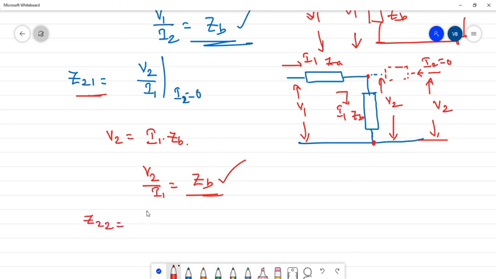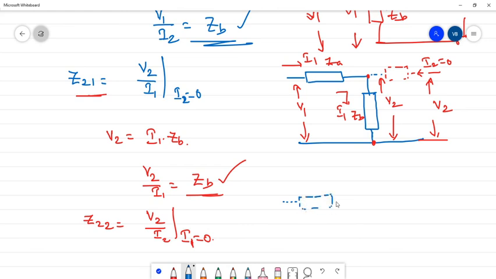And finally, Z22 we need to calculate. What is Z22? V2 by I2 at I1 equal to 0. I1 equal to 0 means this ZA resistance is not there. So that circuit will become like this.